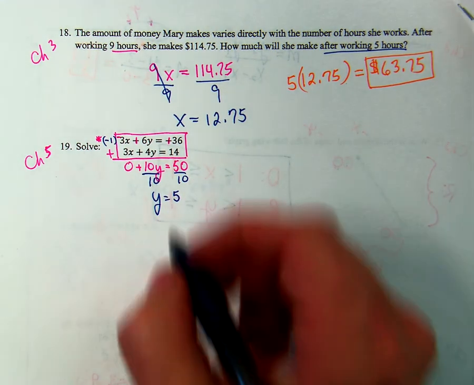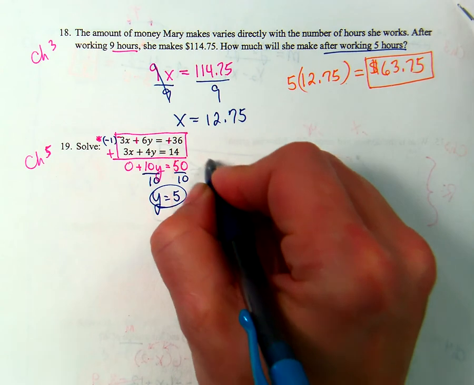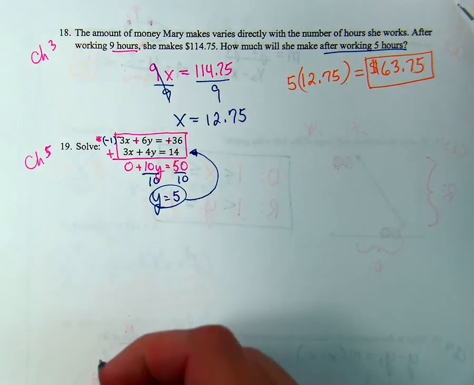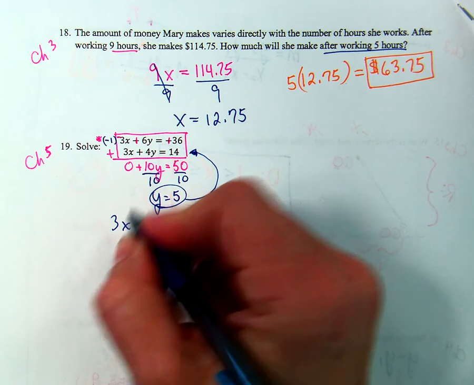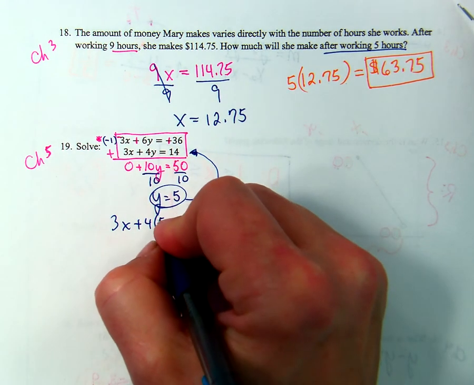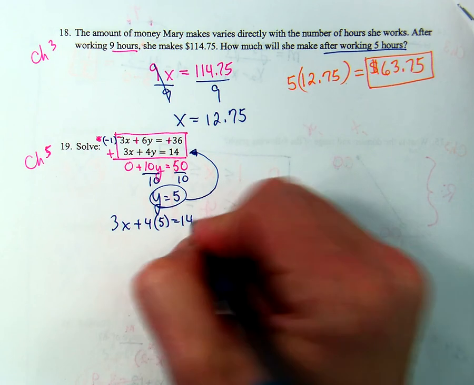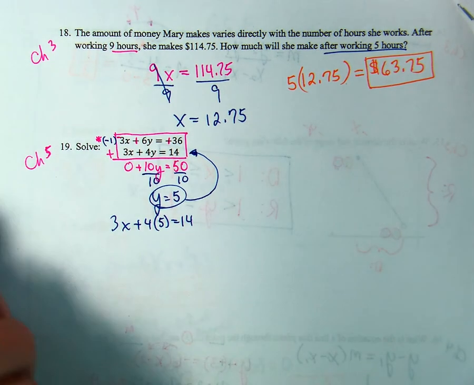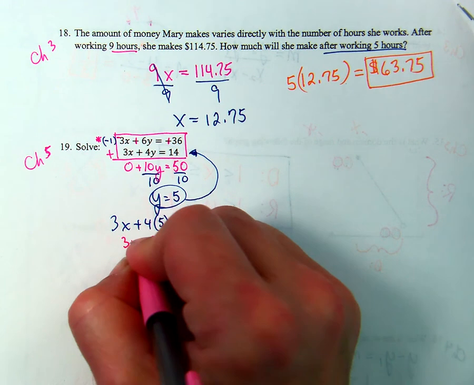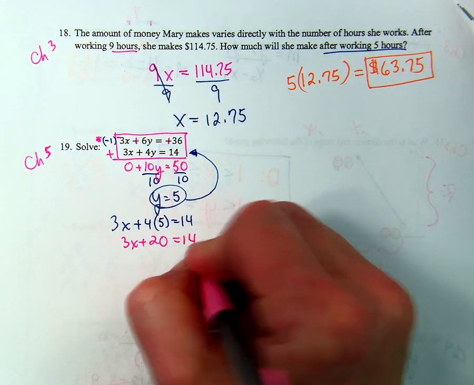Now we're not done. We've got to take this 5, plug it into one of these two equations up here to find x. So we're going to have 3x plus 4 times, instead of y, I'm going to use a 5, and that's going to equal 14. Now, 4 times 5 is 20, so 3x plus 20 is going to equal 14.